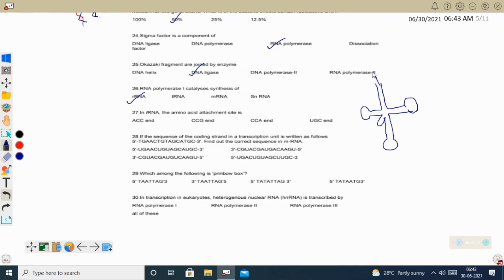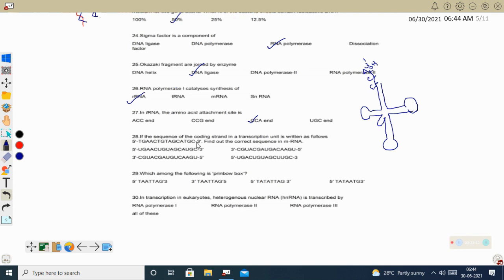Here this is the 3' end of it, and this has a hydroxyl group, and whenever we are reading a DNA or RNA strand, we read from 5' to 3' end. So here there is an unpaired nucleotide extending at the 3' end, that is CCA. So CCA end, that is the reason we are not saying ACC end, because we are not reading from 3' to 5' end. So the correct option is CCA end.